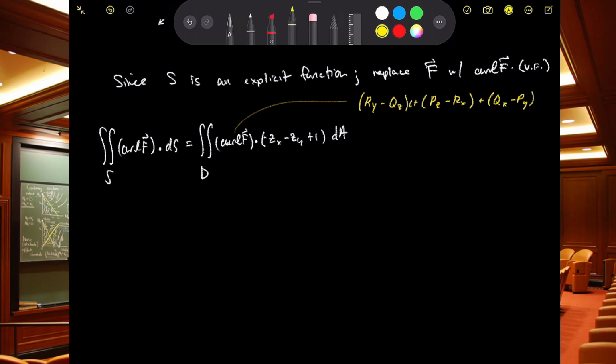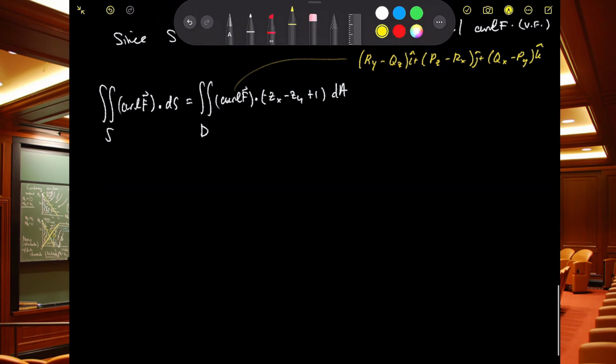And this is a vector, right? So this is i hat, j hat, k hat. So just remember that, because that's going to come into play right here, where we substitute in for dS. So these are going to become pretty big.